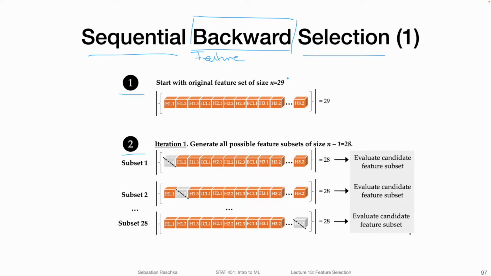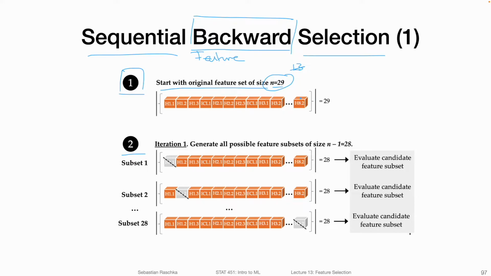And step 1 here would be starting with the original feature set, which consists of 29 features in this particular data set. This is a data set that we used in this paper, but if you think about, let's say, the wine data set, we would only have 13 features. But let's stick with the 29 here.